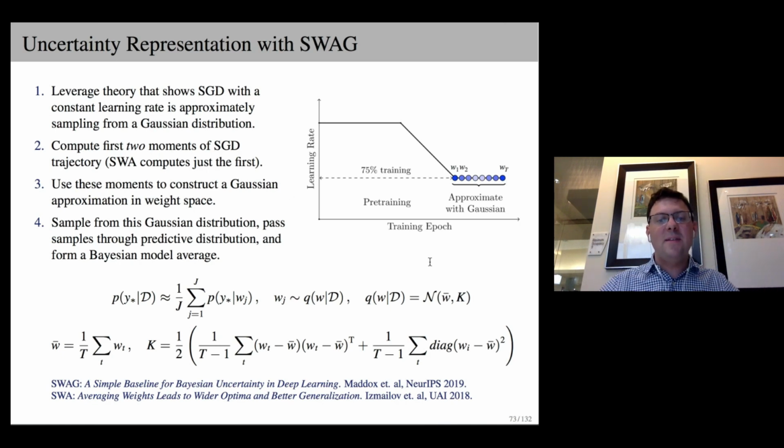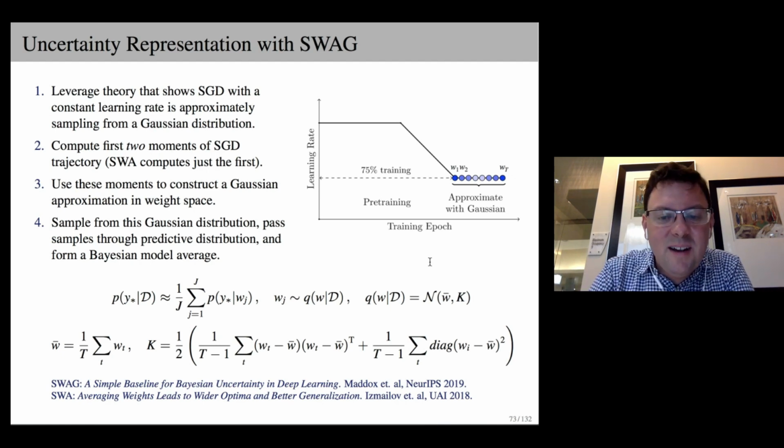The whole method here, called SWAG, S-W-A Gaussian, because it's a Gaussian approximate posterior using ideas motivated by SWA, can be written on just this one slide. And that's why we call it a simple baseline for Bayesian uncertainty in deep learning.